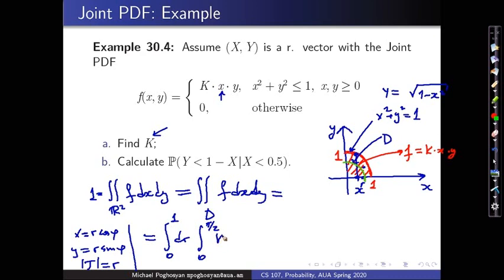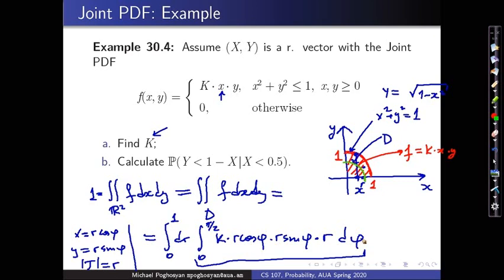So I'm writing k times r cosine phi for x times r sine phi for y, and I'm writing the Jacobian, d phi. It is again easy to calculate because k is constant, that will go out. R, these are constant for this inner integral. So this integral is with respect to phi. We can calculate that integral easily.